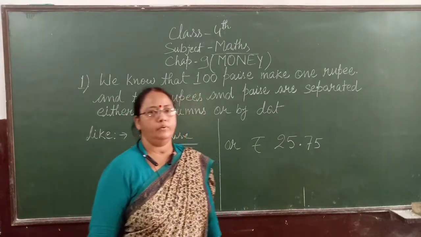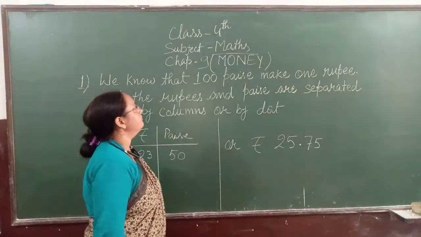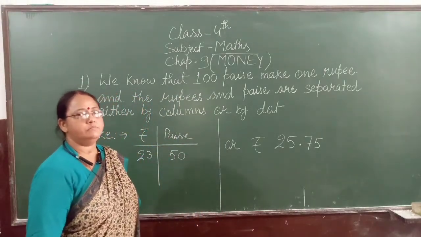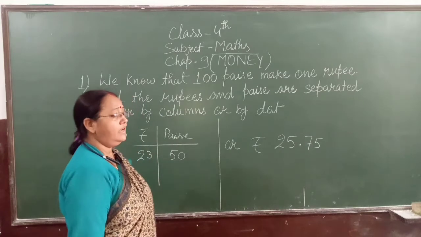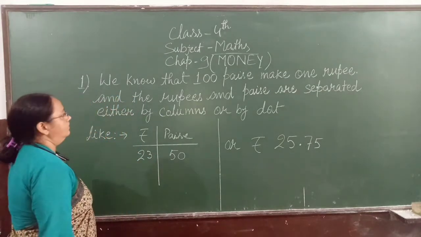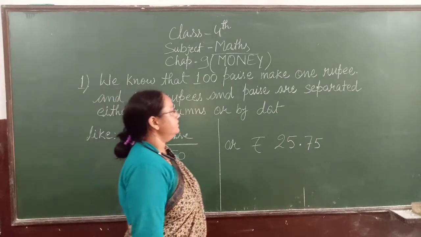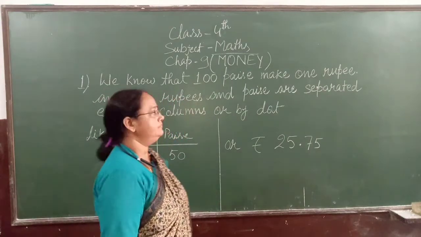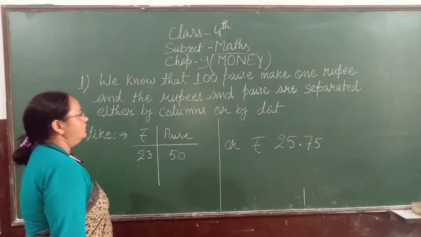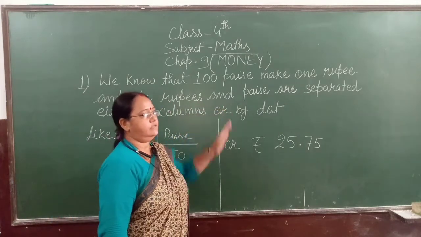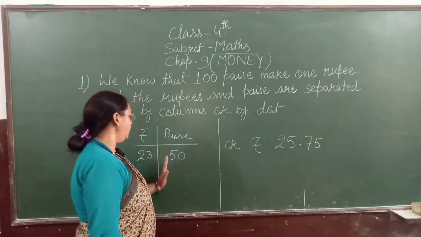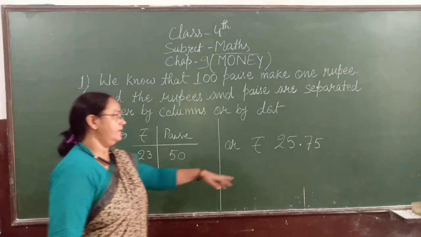And today I am going to start chapter 9, that is money. As you know, students, 100 paise make 1 rupee, and rupees and paise can be separated by colon or by the dot.